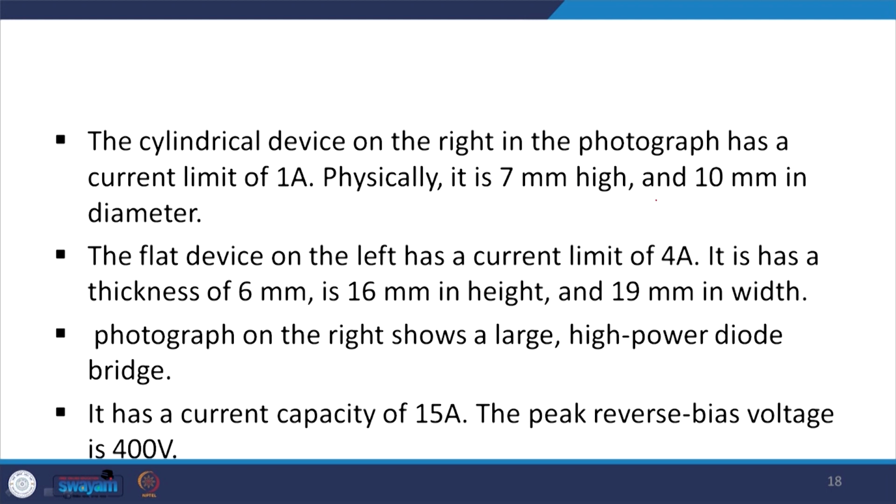The flat device on the left has a current limit of 4 ampere, it has a thickness of 6 millimeter, 16 millimeter height and 19 millimeter width, and the photograph on the right shows a large high power diode bridge. It has a current capacity of 15 ampere and peak reverse voltage of 400 volts. So, these are commercially available.